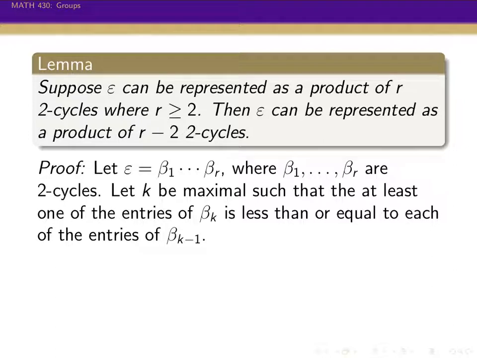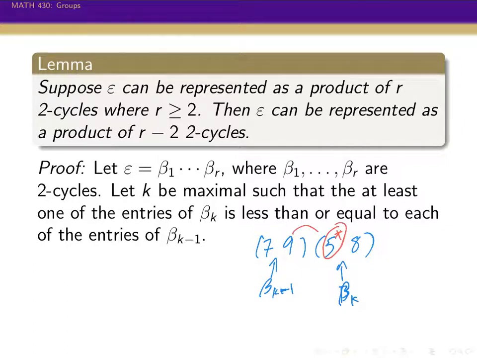And so I'm thinking about something like this instance, where this is beta k, this is beta k minus 1. And so if you notice here, this 5 is less than either 7 or 9.